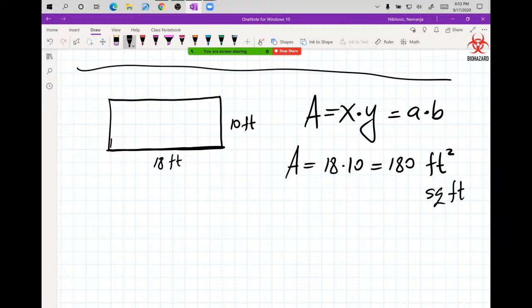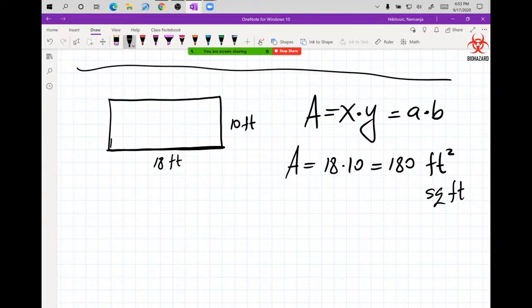So when you know the size of the surface you need to cover, you can go and buy the exact amount of paint that you would need. Let's say you want 2 coats, right? And each paint tells you how many square feet it can cover.